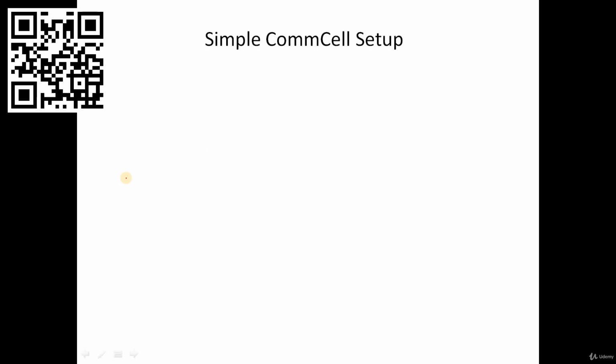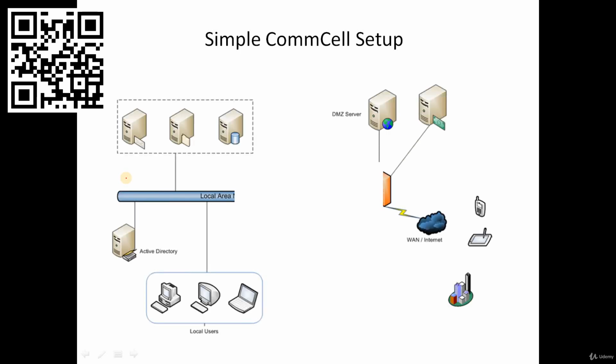Here I have a very simple CommCell setup to show you how the agents are installed and how the components will work. So if you see here, I have a local area network, which is my LAN, and I have some local users such as my laptops and desktops. I have an Active Directory server here.